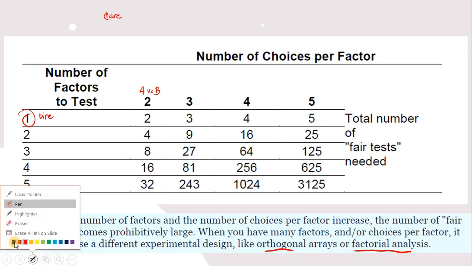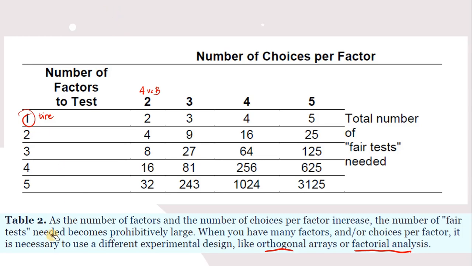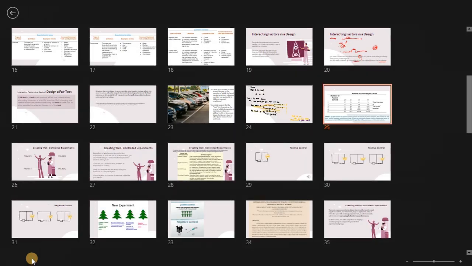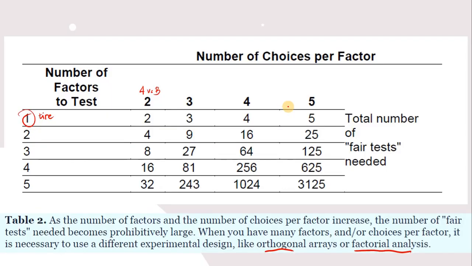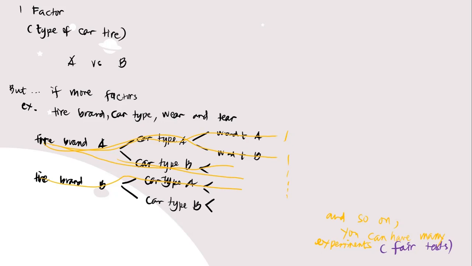Here you just have one factor, the type of car, A versus B. So 2 experiments. This is 1 experiment and 2.